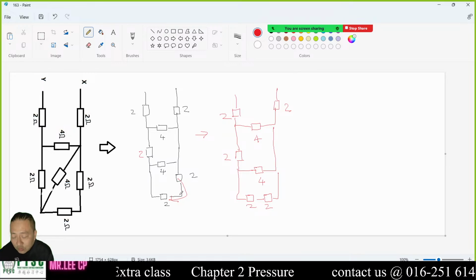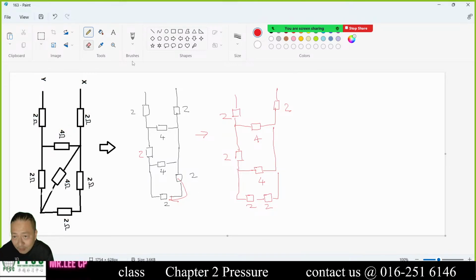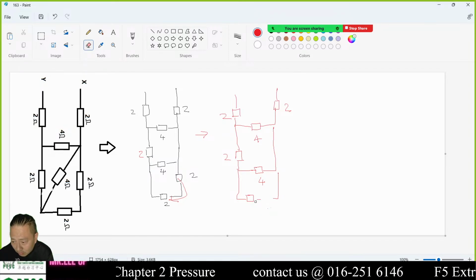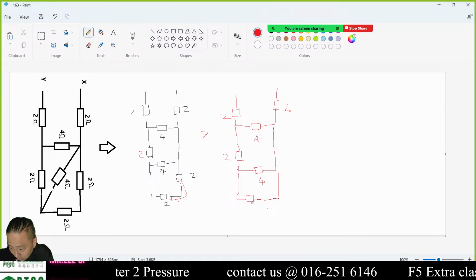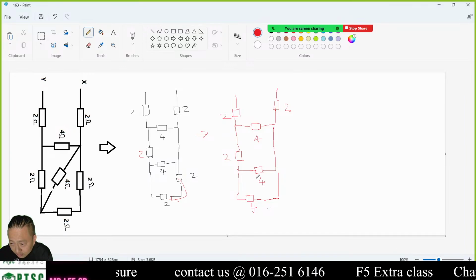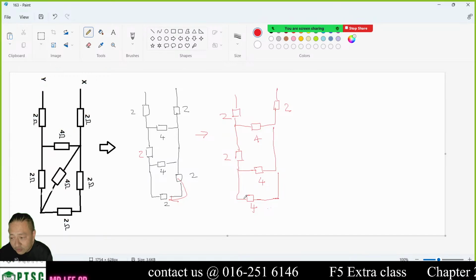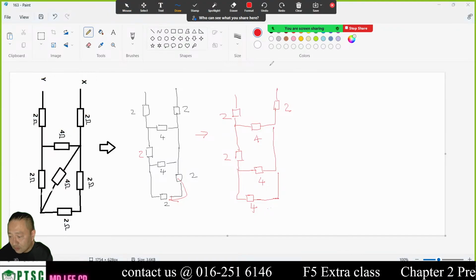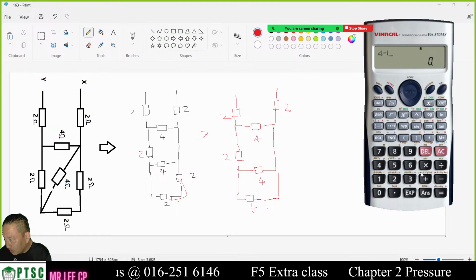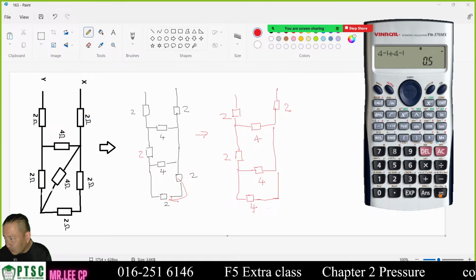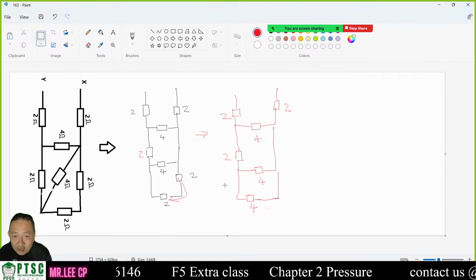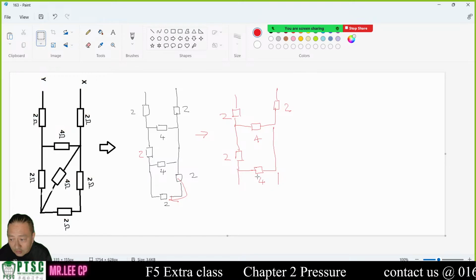These 2 and 2 become 4, because they are in series. So combined together they become 4. 4 and 4 are in parallel. 4 inverse plus 4 inverse, then inverse again. It becomes 2. So this one becomes 2 already.